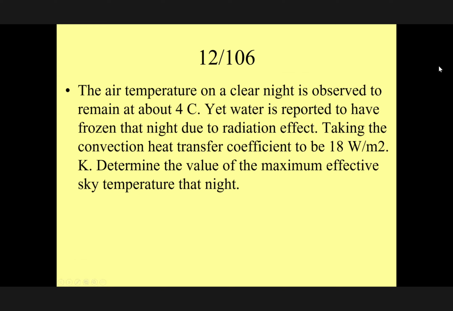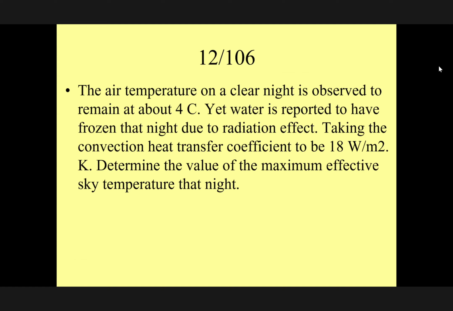Sir? Yes, sir. Is it that the water emitted radiation, so it lost energy, and the actual outside layer of the water went down to 0 degrees because of that transfer of radiation from the water to the sky?